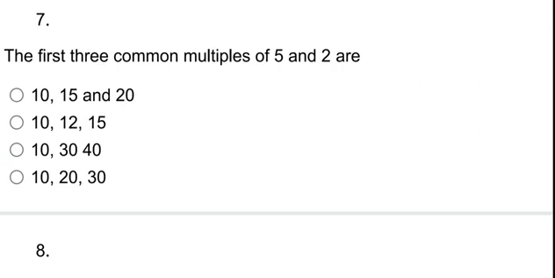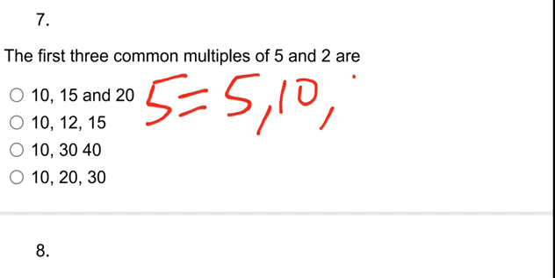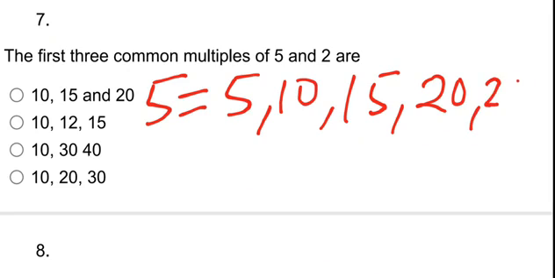The first 3 common multiples of 5 and 2. Let's list the multiples of 5 and the multiples of 2 and see what we have. For 5, the multiples are 5, 10, 15, 20, 25, and we also have 30.